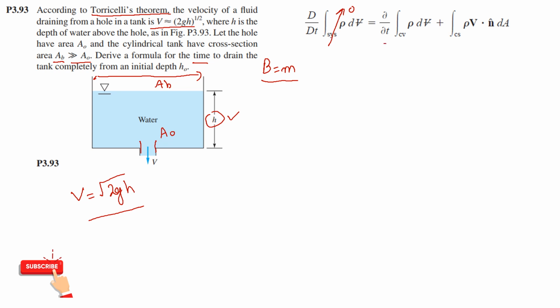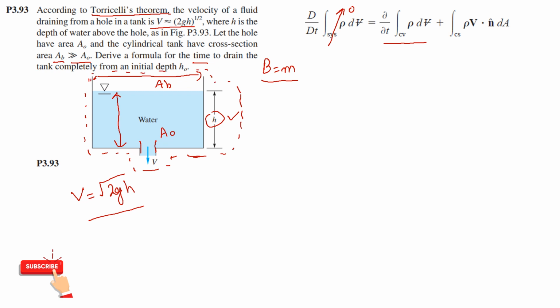The partial change inside the control volume will not be 0 in this case, because we need to find the time that is required to empty this tank. So actually the mass inside the tank, that is our control volume, the mass of water is going to change with respect to time.